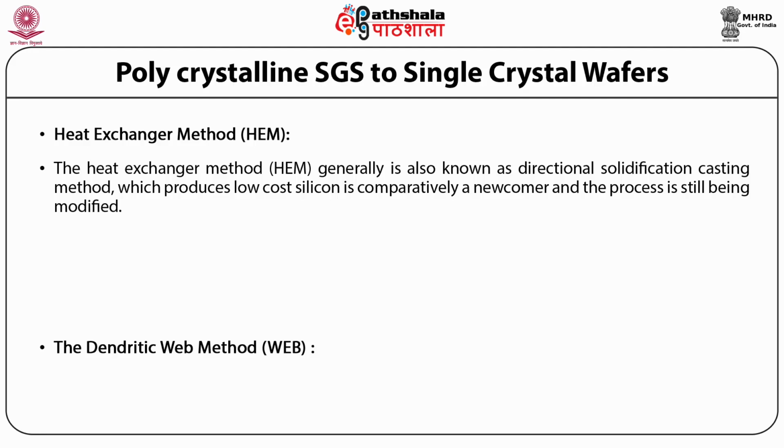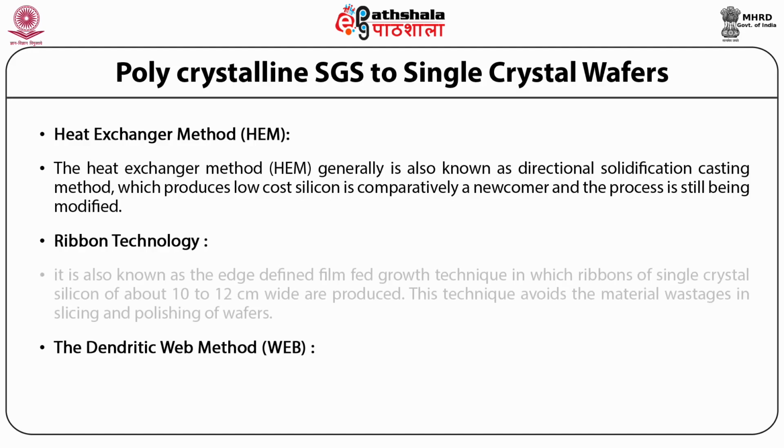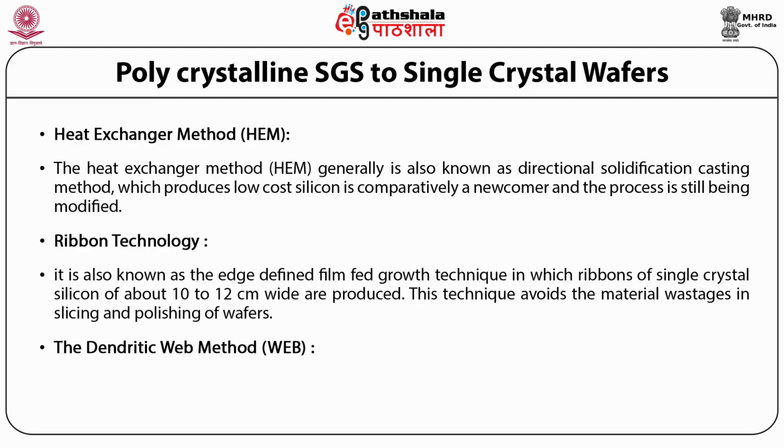The next technique is the ribbon technology. Ribbon technology of growing the single crystal silicon is also known as the edge-defined film growth technique, in which the ribbons of single crystal silicon of about 10 to 12 centimeter wide are produced. This technique avoids the material wastages in slicing and polishing of wafers.